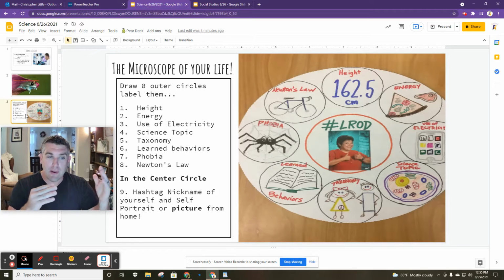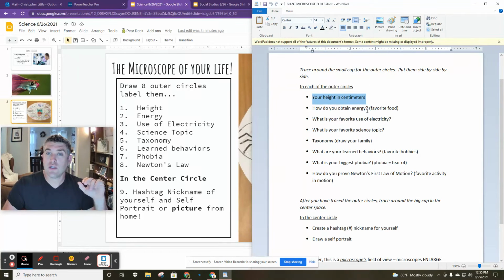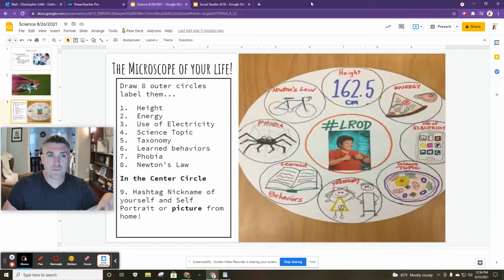Now, Miss K is going to pass out to you a document that looks just like this here. And it's got all the directions on there. And this is a class set, so you can leave it here. You're only going to work on this project here. This is not homework. I also have those same exact steps on this slide for you that will be presented to you on the board by Miss K.